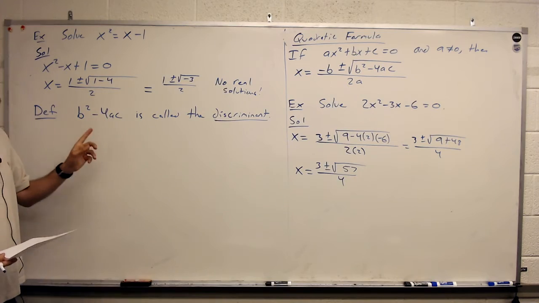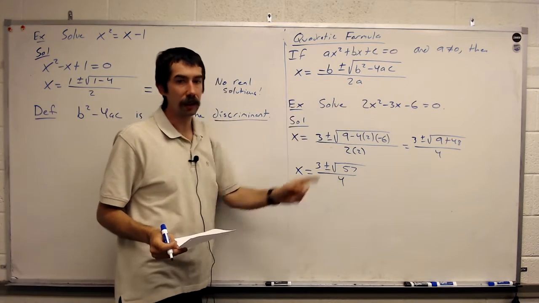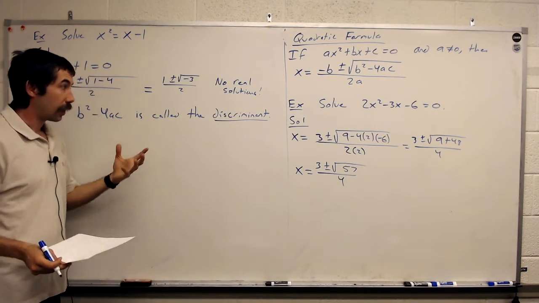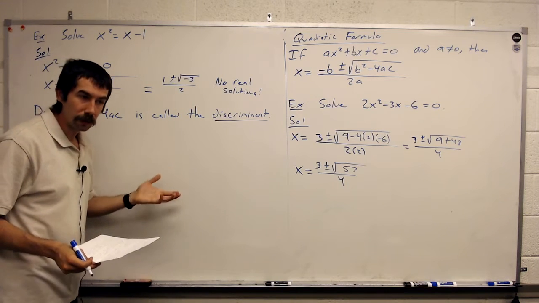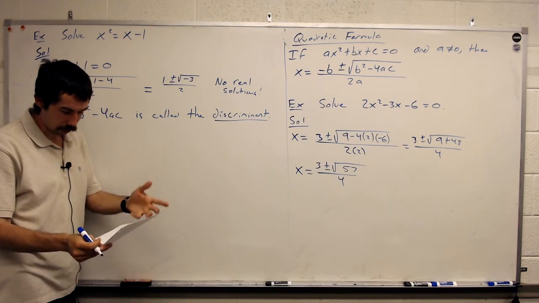And the discriminant, so that's the inside of the square root. This will tell us if we have 2 solutions, 1 solution, or no solutions.